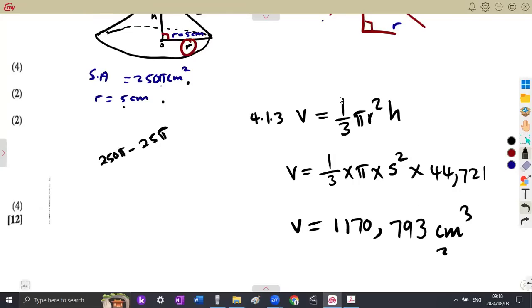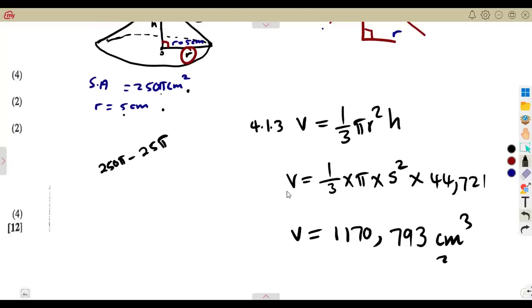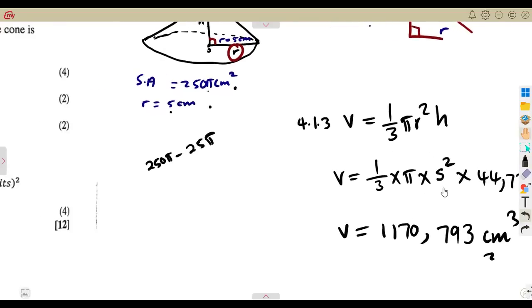So it is going to be in cubic centimeters in that case. So we can consider our volume, that is a third pi r squared h from what we are having. Then it was just a matter of substituting our values in this case.